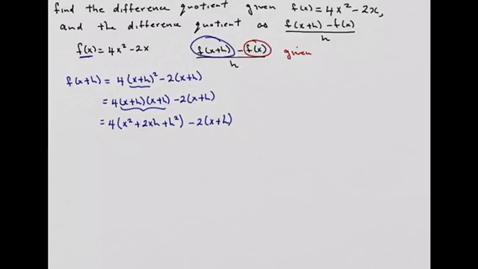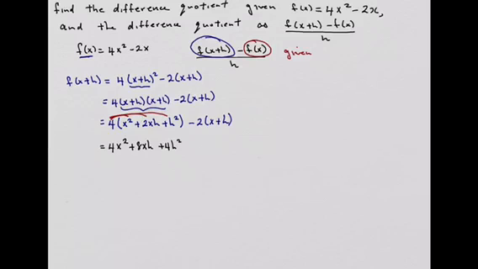Now we distribute what's on the outside to everything on the inside, and that will give us 4x squared plus 8xh plus 4h squared.